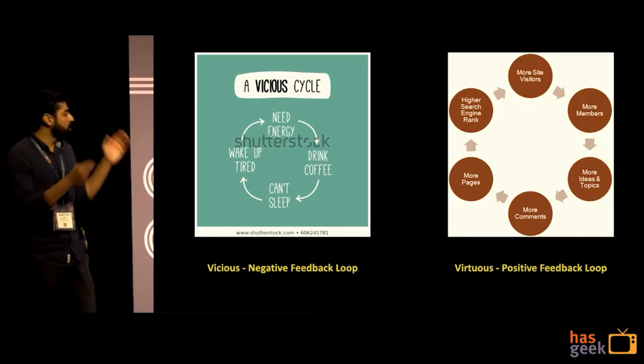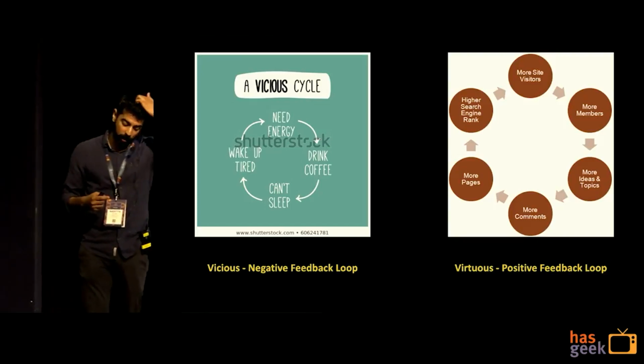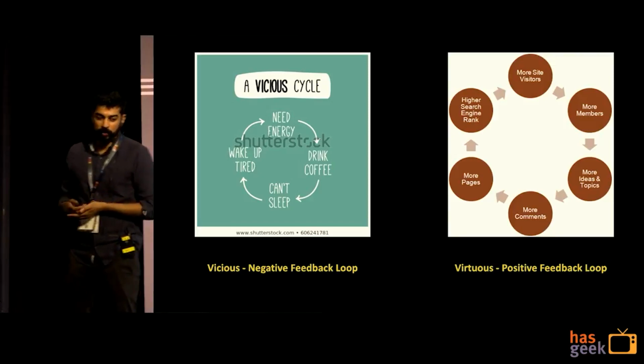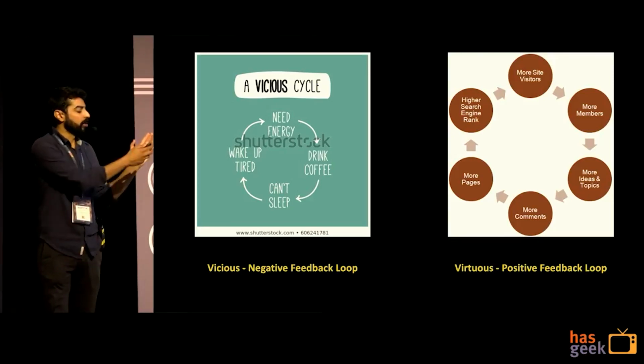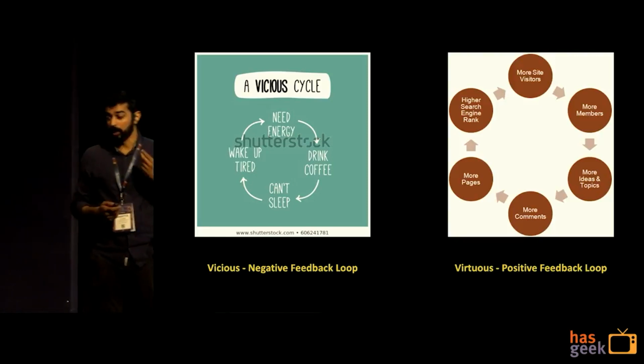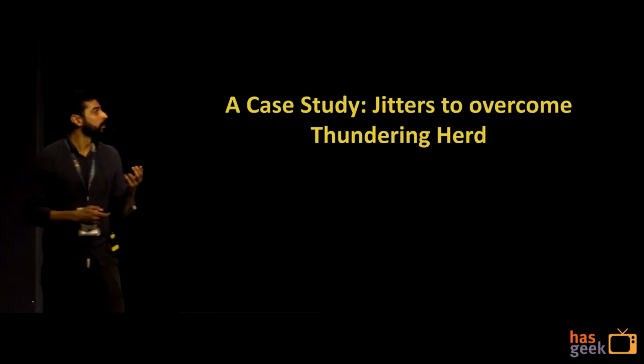Software actually has a lot of examples of negative feedback loops, and we're going to go through a couple in this talk. But one of the cool things about what we do for a living is that we're able to transition these negative feedback loops into positive ones just by identifying the key stimulus affecting the system and figuring out how to tweak them.